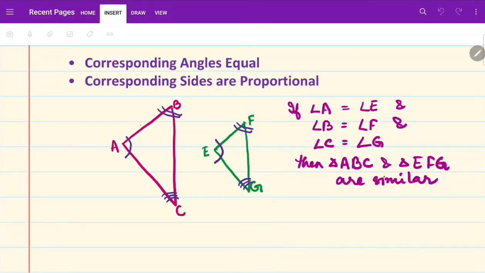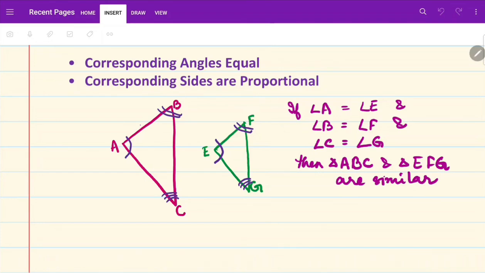Now there's another very important and useful rule that applies to similar triangles, which helps one solve many geometry-based application problems. It is the rule about the ratio of corresponding sides in similar triangles. The corresponding sides in similar triangles are proportional. What it means is the ratio of the corresponding sides will always be equal to each other.